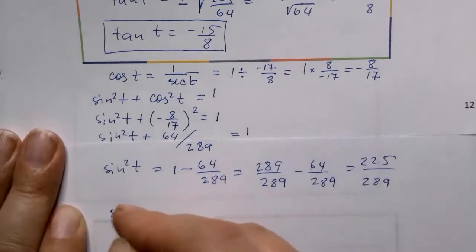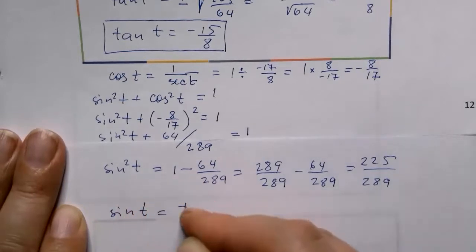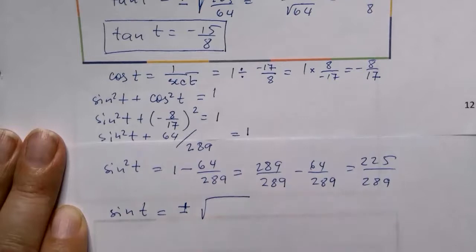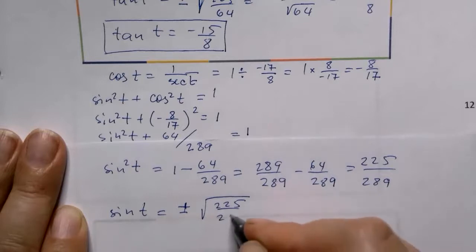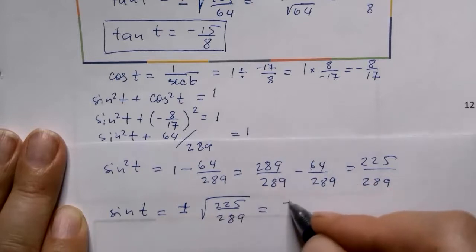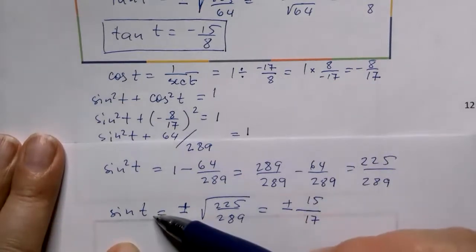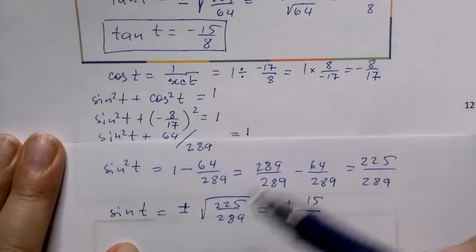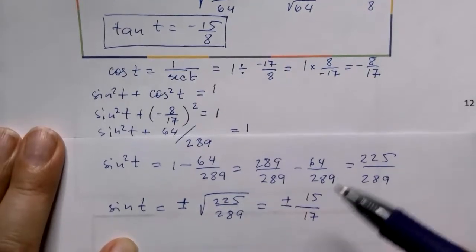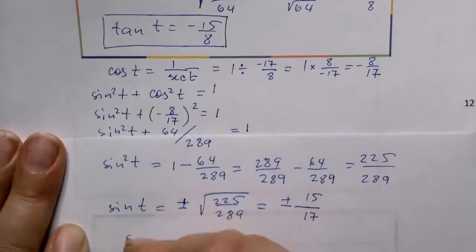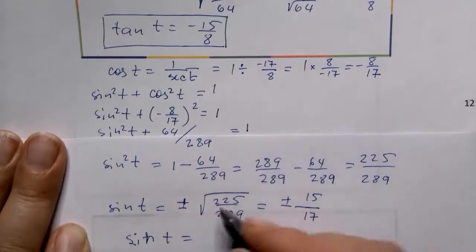Now I need to unsquare it. Again, when you're unsquaring, it could be positive or negative: 15 over 17. But the knowledge that our t is located in the second quadrant gives us assurance that it is positive. So sine t is positive 15 over 17.